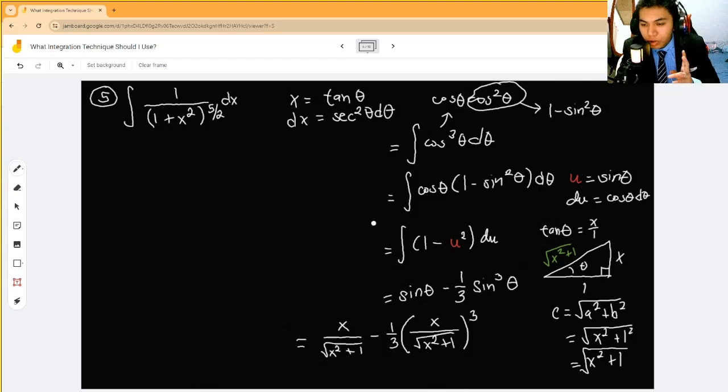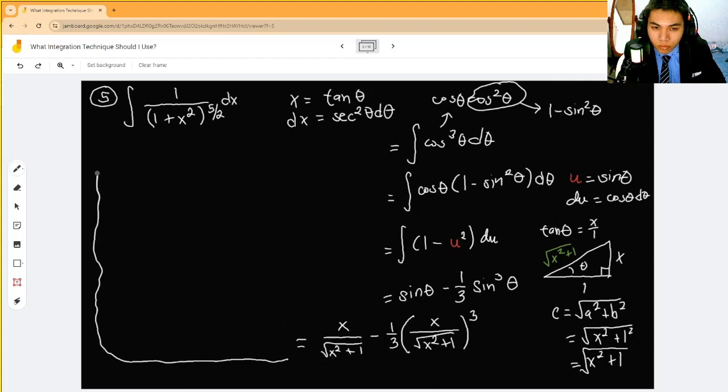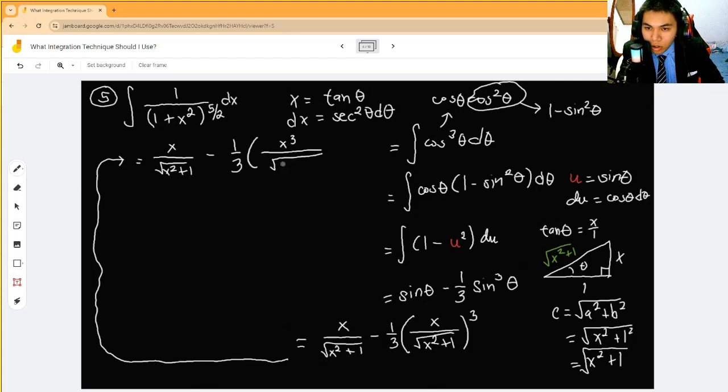So we can distribute the cube, and let's just do a bit of a turnaround, right here. So we have x over the square root of x squared plus 1, minus 1/3 of x cubed over square root of quantity x squared plus 1 cubed. Okay.